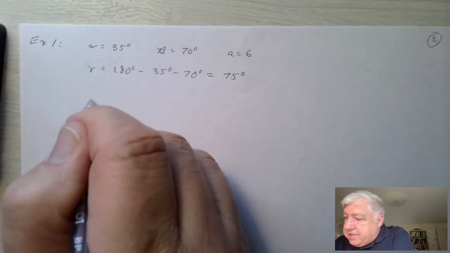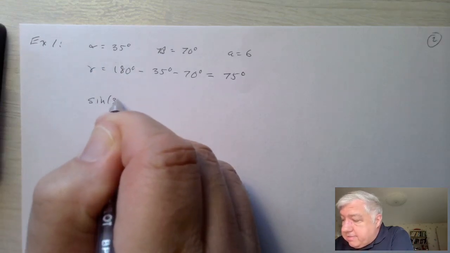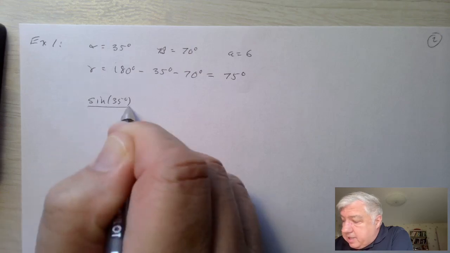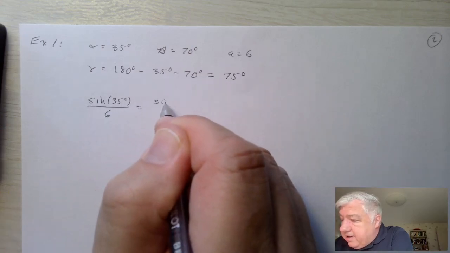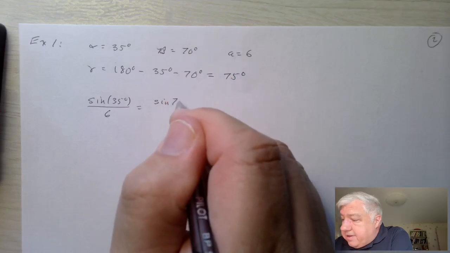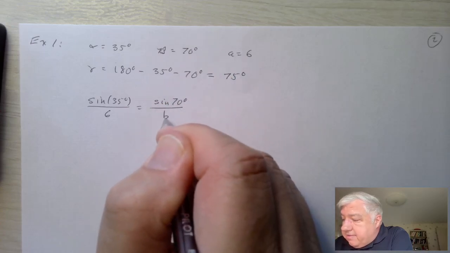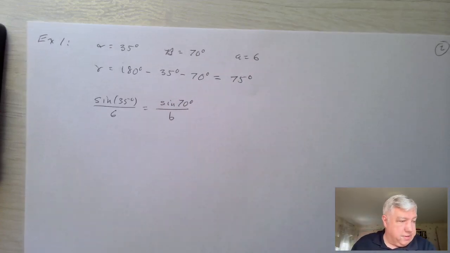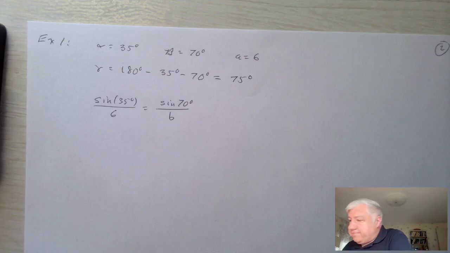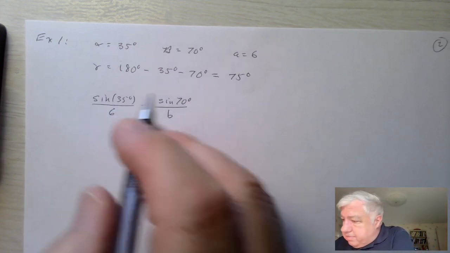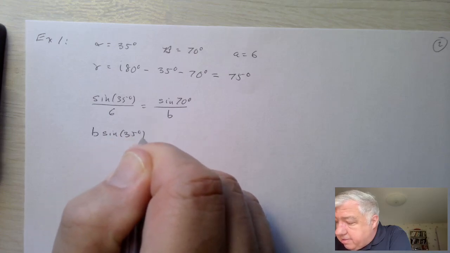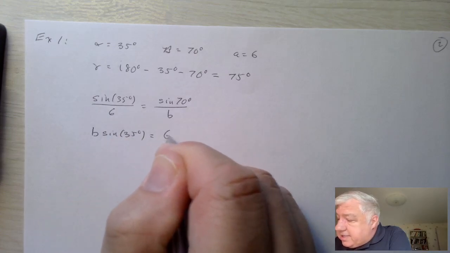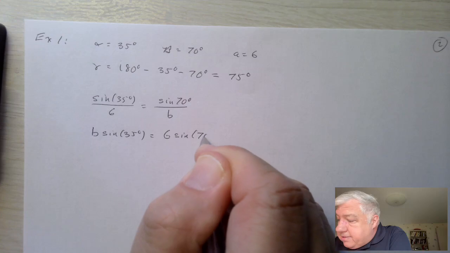So we know that the sine of 35 degrees divided by 6 is equal to the sine of beta, which is 70 degrees, divided by B. Now we can cross multiply, and we get B sine of 35 degrees equals 6 times the sine of 70 degrees.